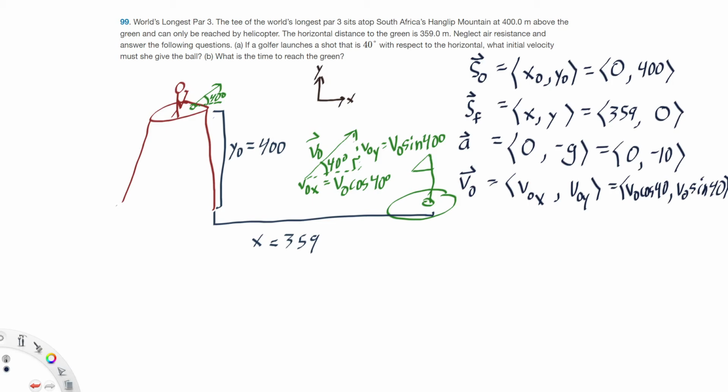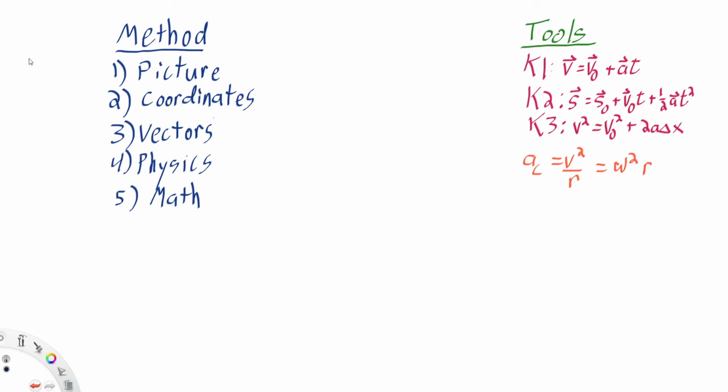Step 4, we've got position, we've got initial velocity, we've got acceleration. What tool does it seem like we're going to want to use to solve this problem? Kyle, what do you think? What seems likely?